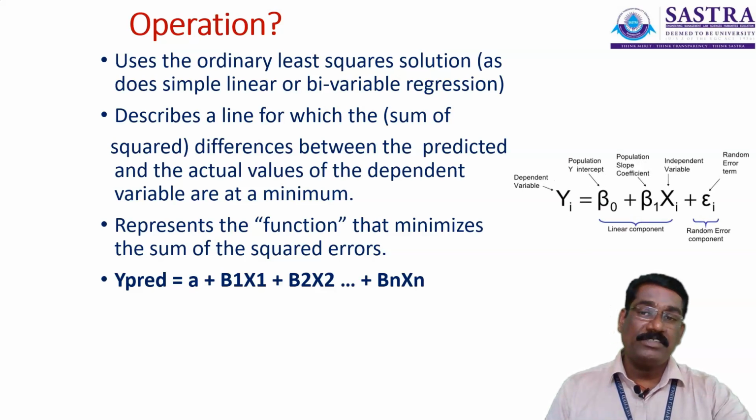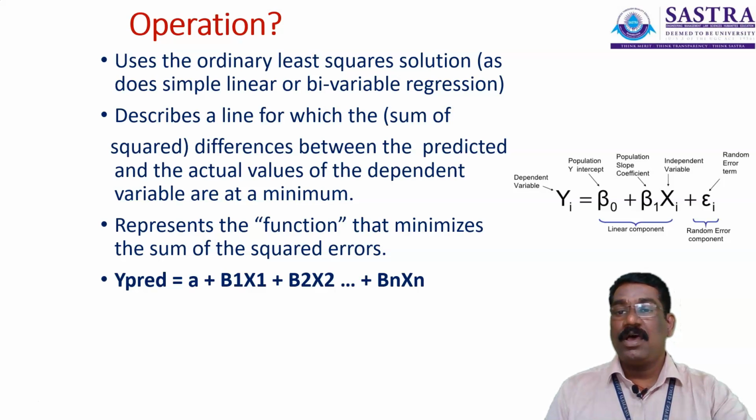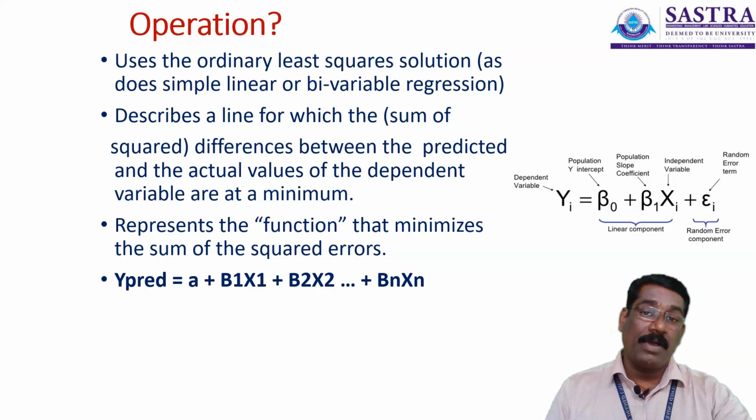In the operational aspects of multiple regression analysis, it uses the ordinary least squares solution, as in simple linear or bivariate regression, which describes a line for which the sum of squared differences between the predicted and the actual values of the dependent variable is at a minimum. It also represents the function that minimizes the sum of the squared errors.